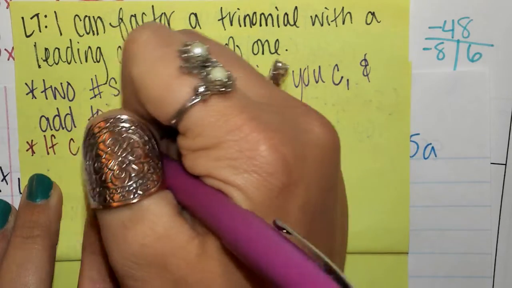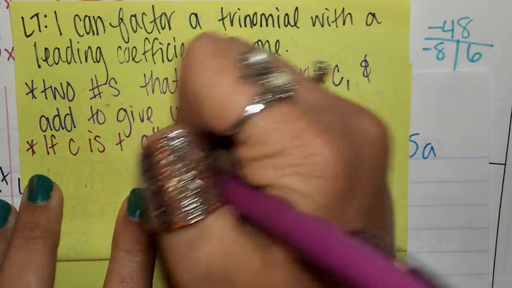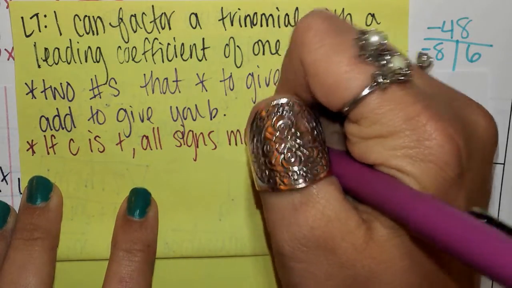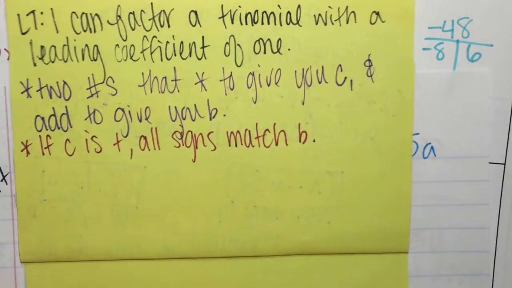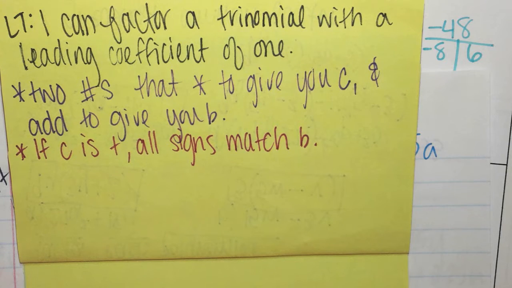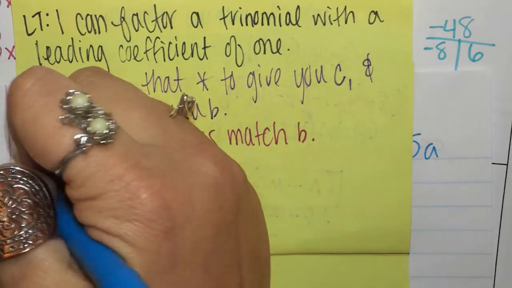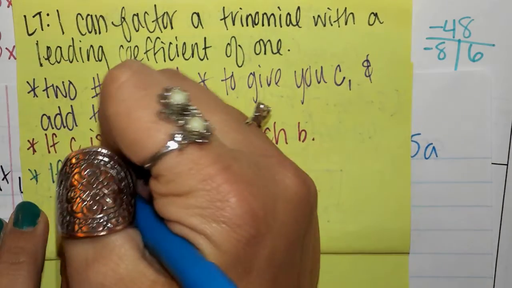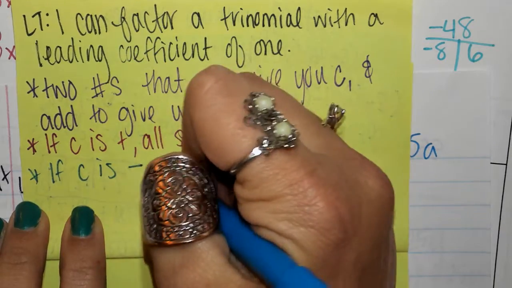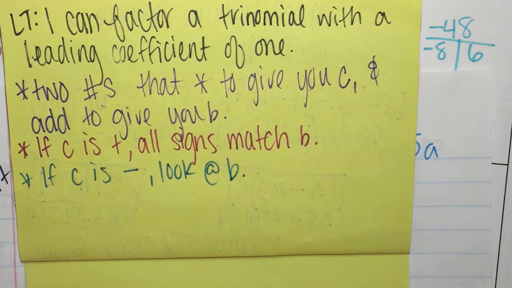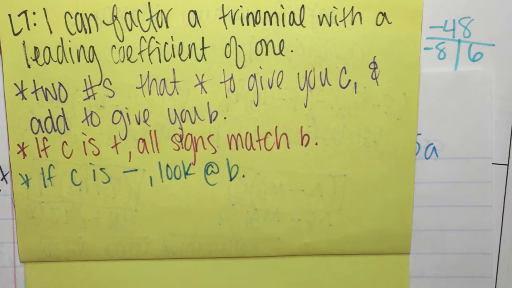If C is positive, all signs match B. Do we agree or disagree? Agreed. What happens if C is negative? If C is negative, look at B. But we have to pay attention to what B says, right?